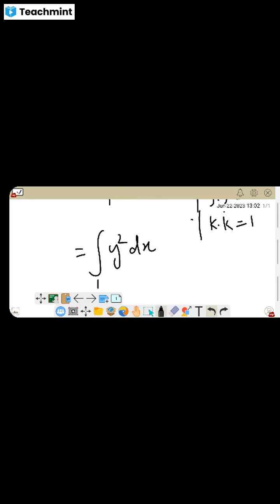One second, I'm just checking. They are giving y is equal to 1 here.